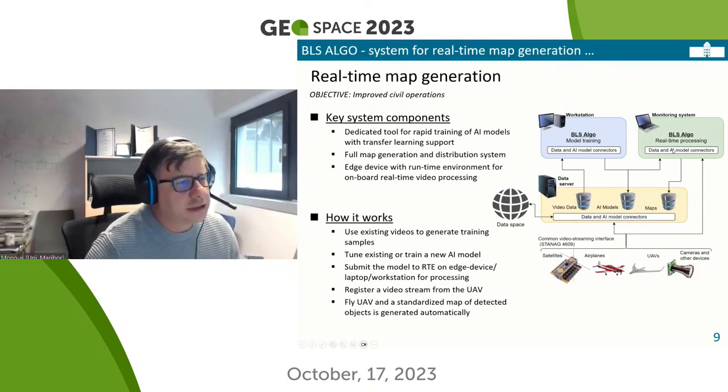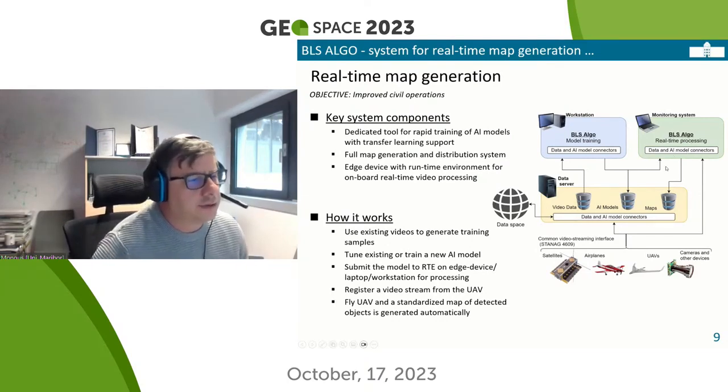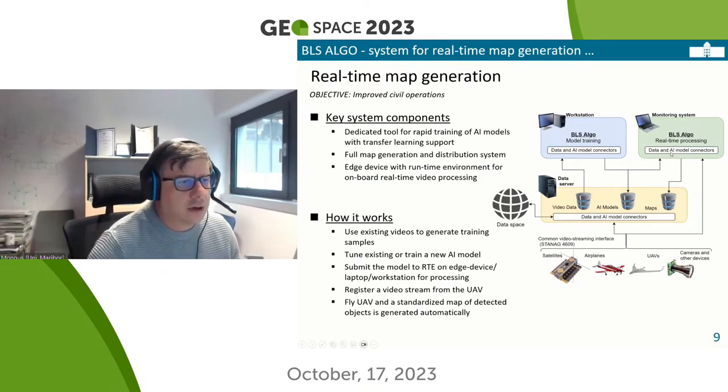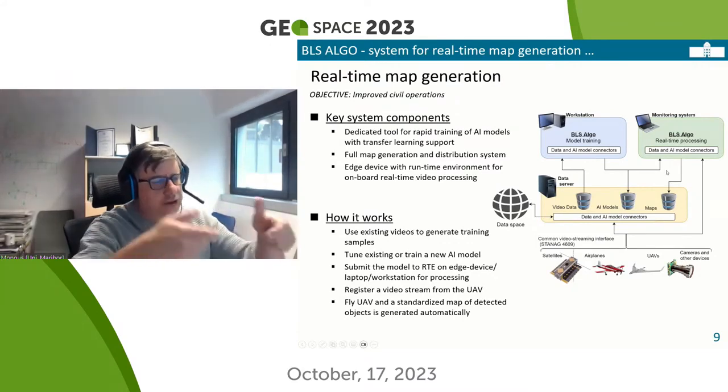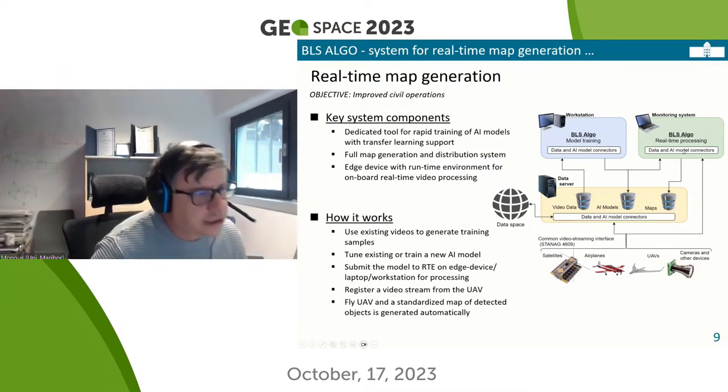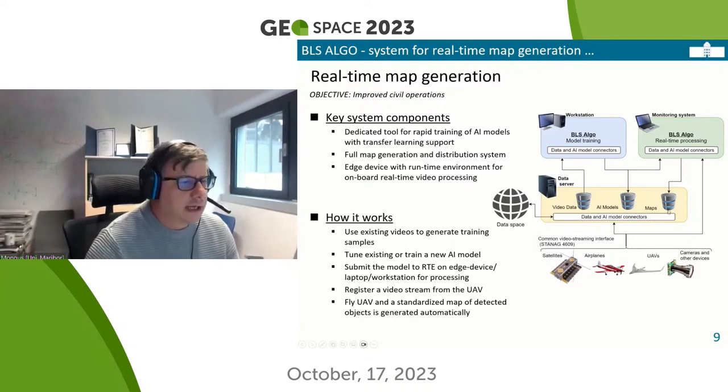in their tactical missions, or it can be applied on an edge device, where the streams coming from drones are processed in real time, and the maps are generated based on the projection of the detected objects onto the ground.